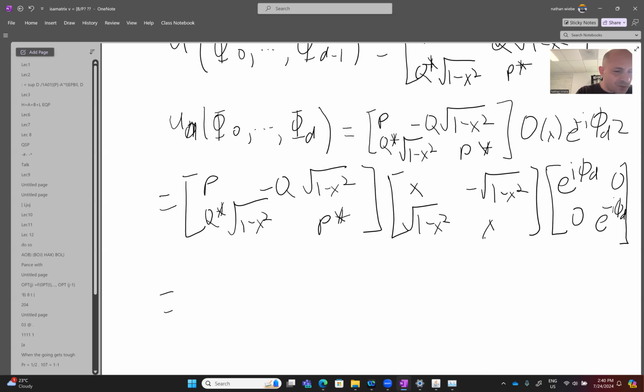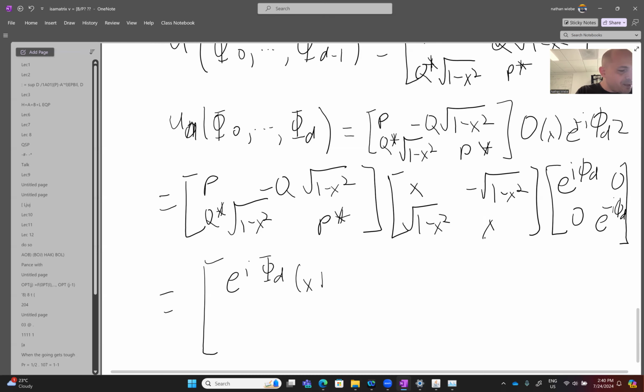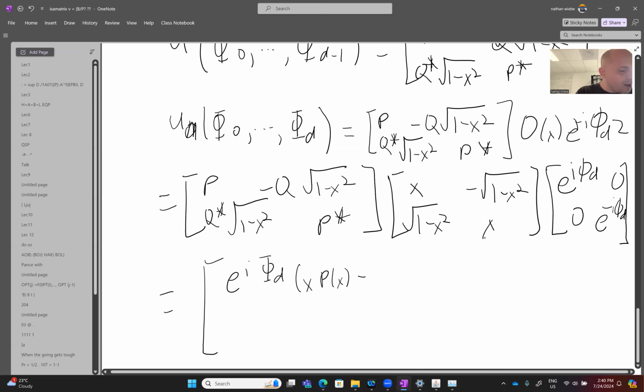Doing that matrix multiplication gives us e to the i phi d times x p of x minus 1 minus x squared q times e to the negative i phi d, negative square root 1 minus x squared times p plus x q.